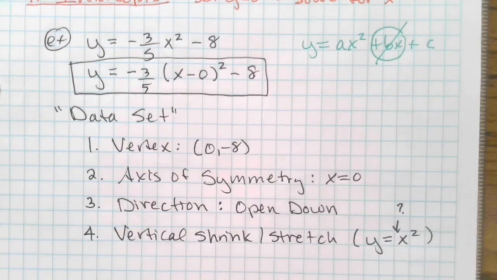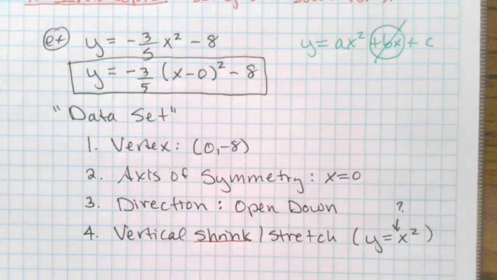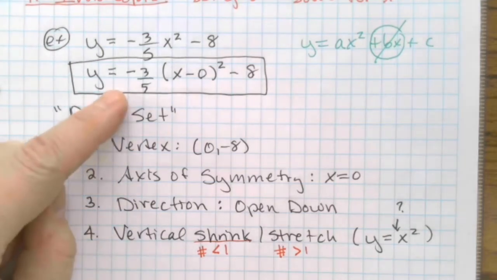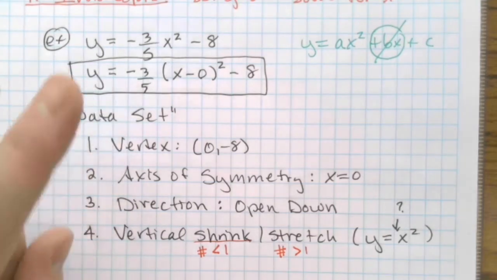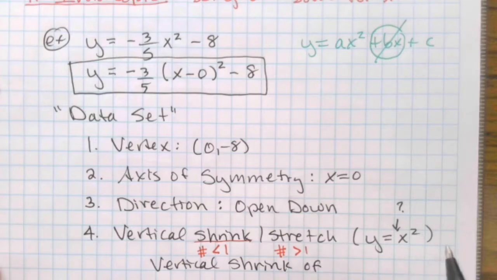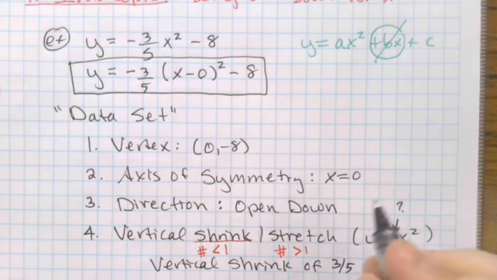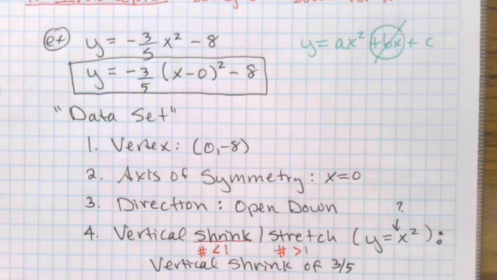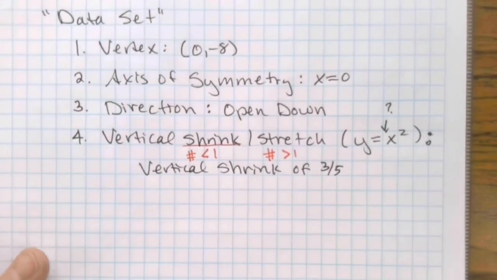And just to remind you, a vertical shrink is a fraction less than 1. A vertical stretch is a number or fraction greater than 1. In the case of this one, it's 3/5, which is definitely less than 1. So we would say we have a vertical shrink of 3/5.